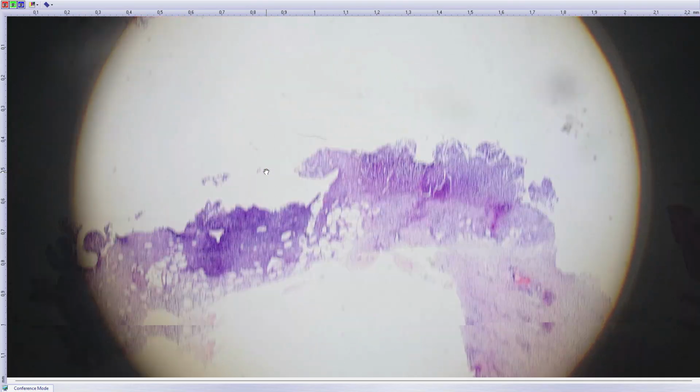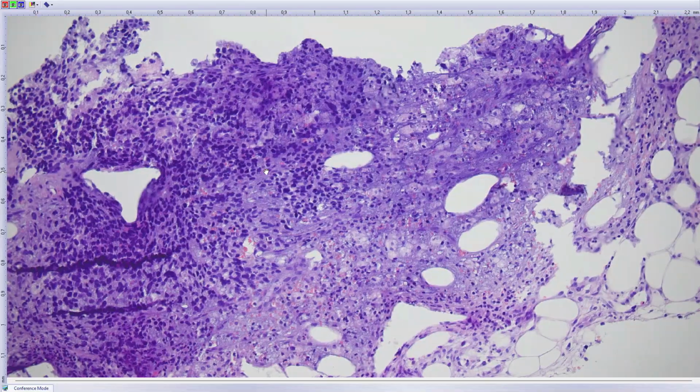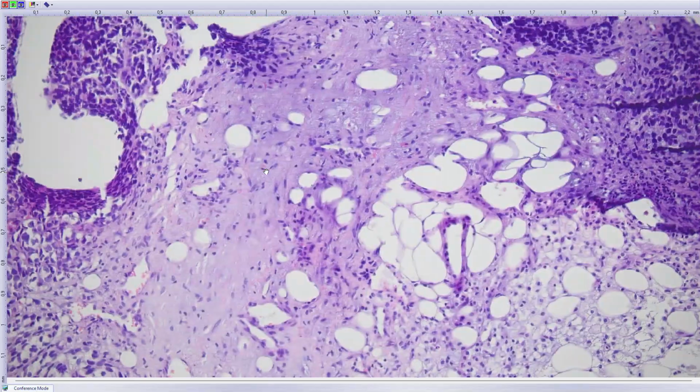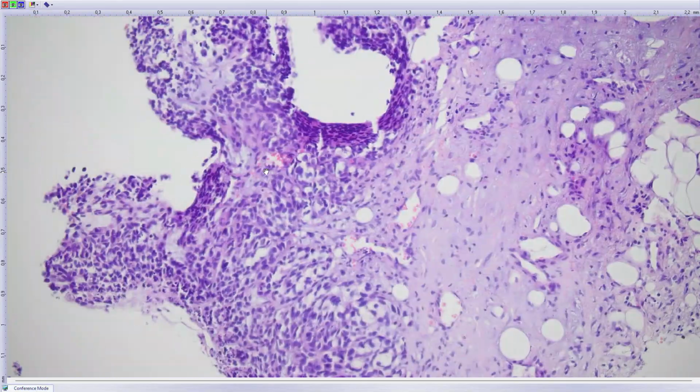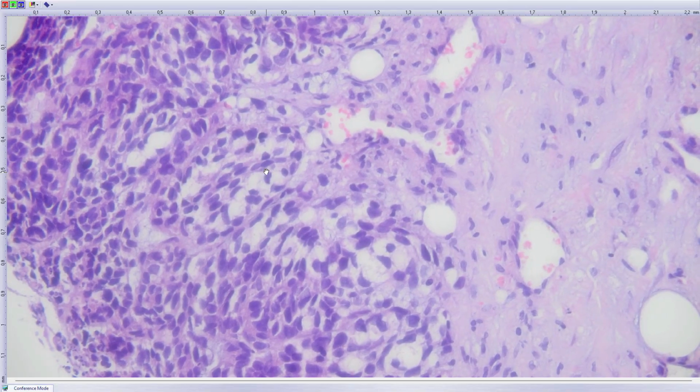Look at the morphology. If there is actually one more block with more tissue, and you look more closely around here, it looks a little bit myxoid. There are adipocytes, and you'll also find lipoblasts here. So it actually fits with the morphology.